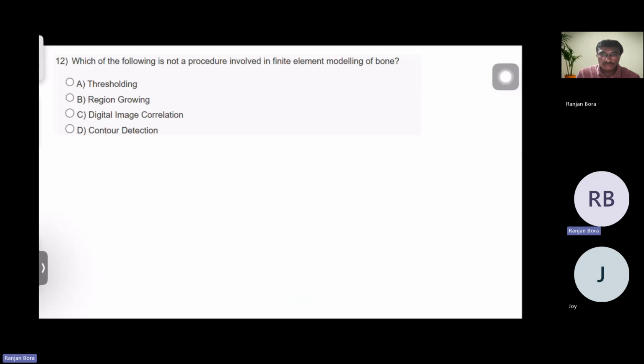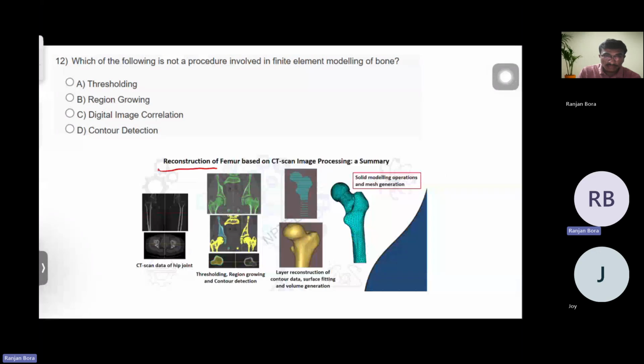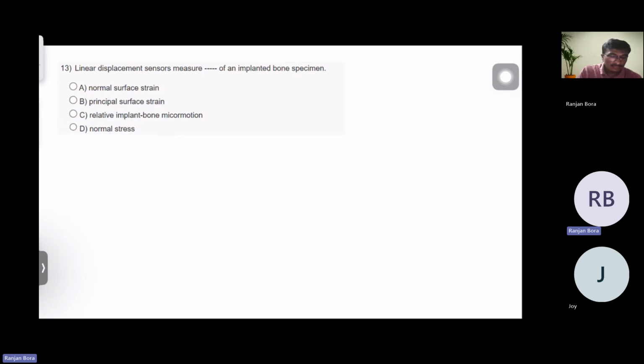And contour detection also is one of the methods in the segmentation process, but digital image correlation is not a method which we use in the finite element modeling. In this figure, you can see reconstruction of femur based on the CT scan image processing. Here they are using thresholding, region growing, and contour detection. So option C is correct. We don't use the digital image correlation method in the modeling of finite element of bone.